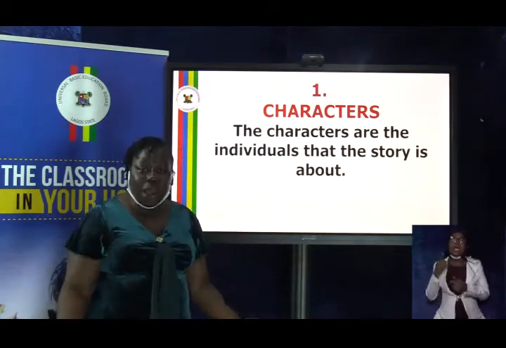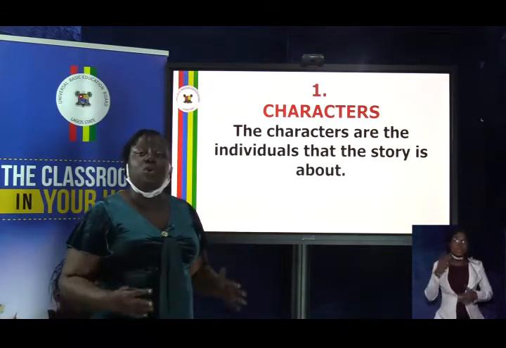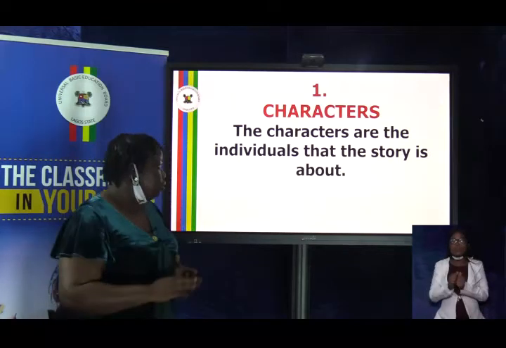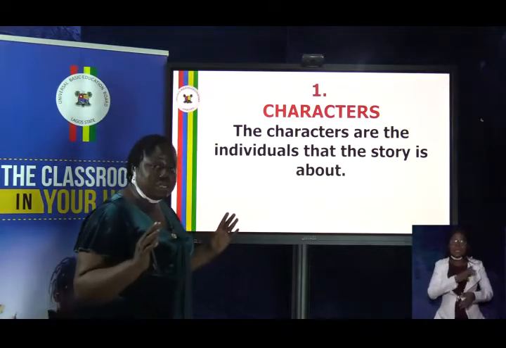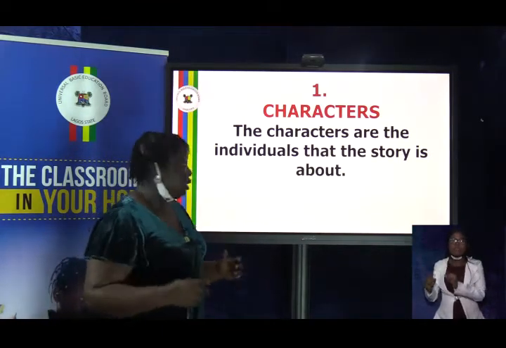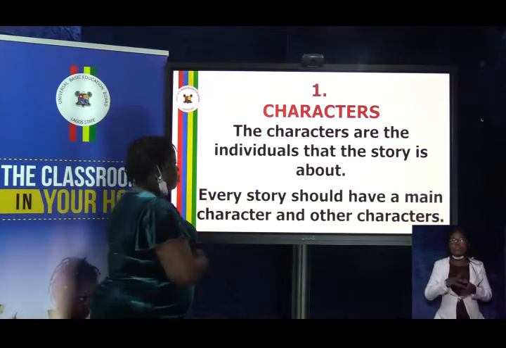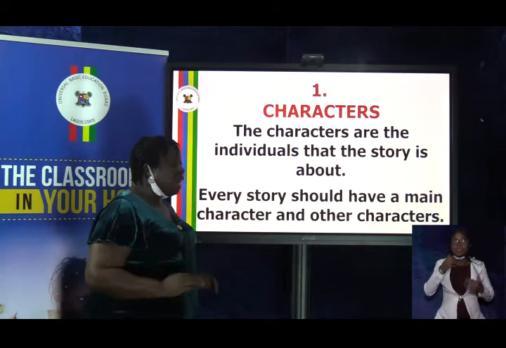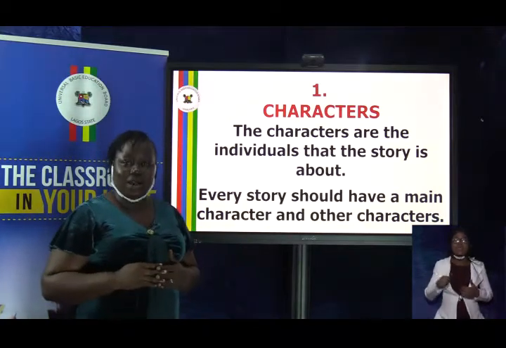He had three wives, and so those people I am mentioning are the characters in the story. So the characters are what? The individuals in the story. Good. Well done.